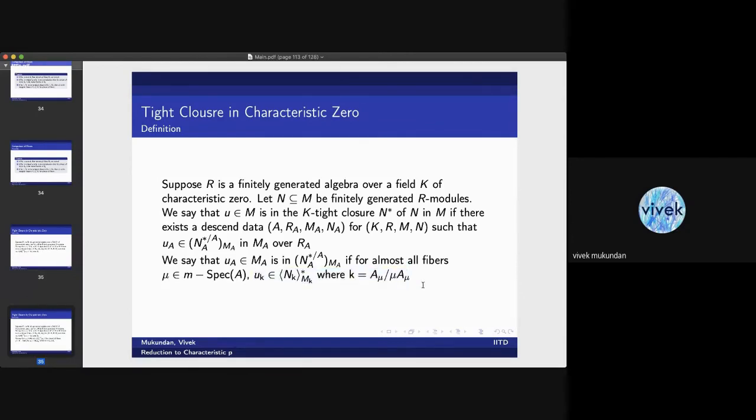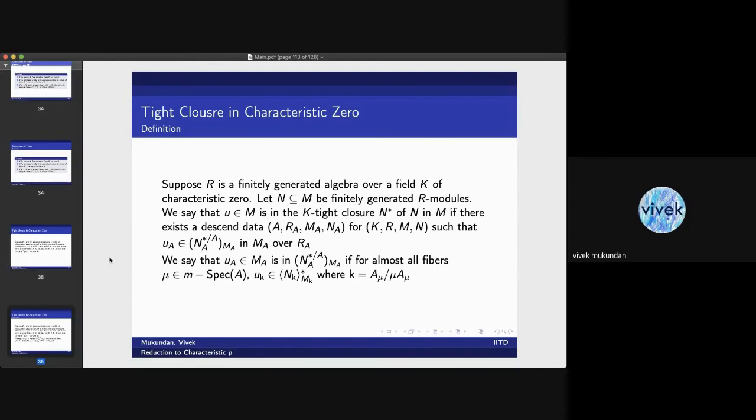So you have your usual definition for characteristic p here. But one thing to notice is that if you want to check that u_K is in N_K star, you use the test element c_K. But once you keep changing your maximal ideal, the test element you use also keeps changing.